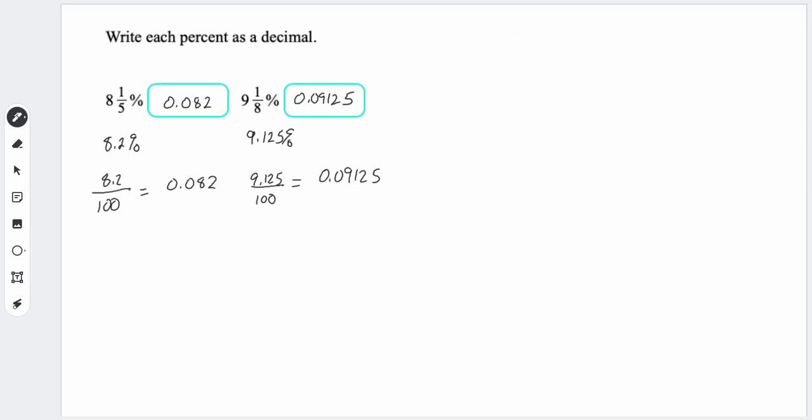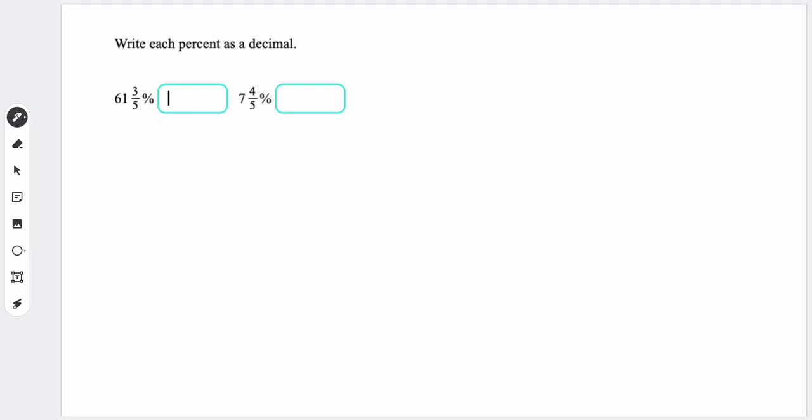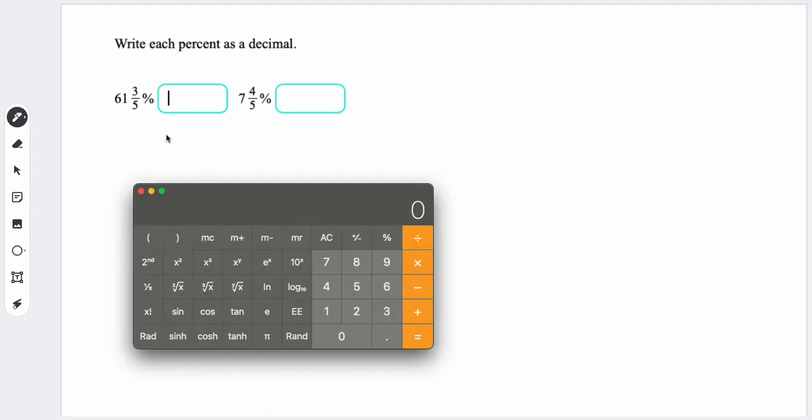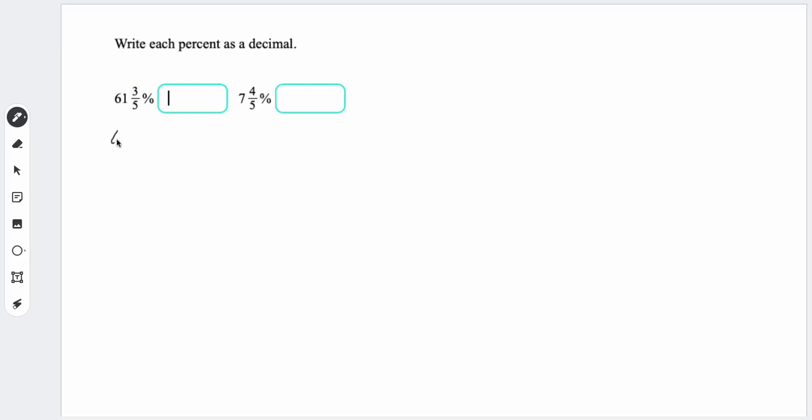Okay, let's look at the next one. Same thing here. We're going to divide 3 by 5, 0.6, so this becomes 61.6%. So 61.6 divided by 100.